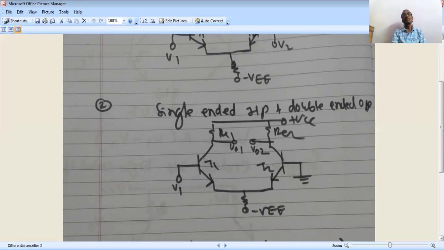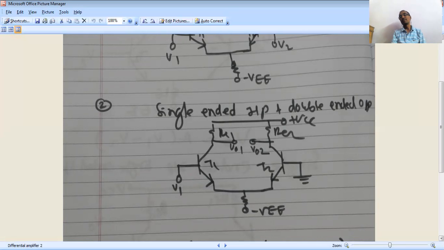Then you can write second type, which is single-ended input, double-ended output. First one is double-ended input, double-ended output. Here is single-ended input and double-ended output. That is, there is only one difference. Can you have the answer?